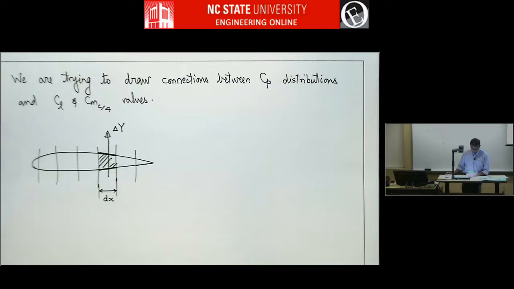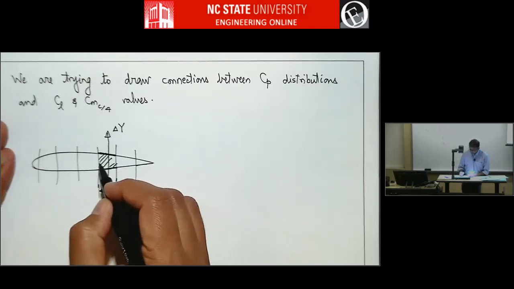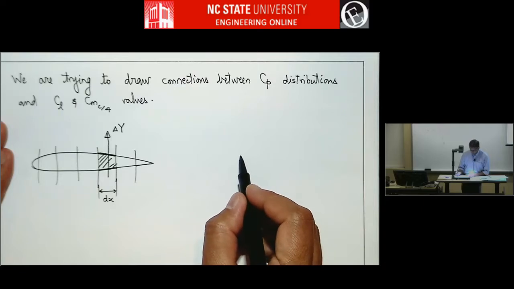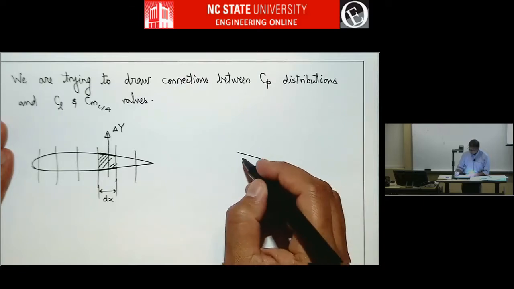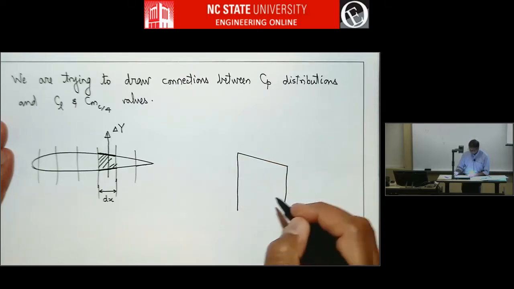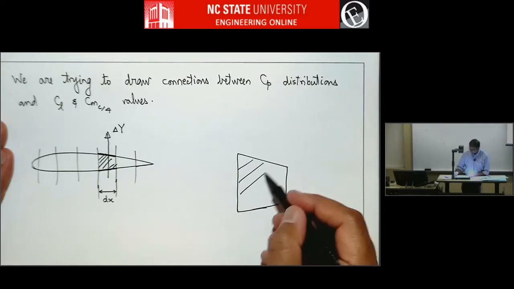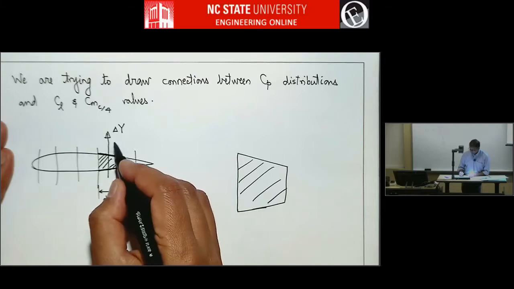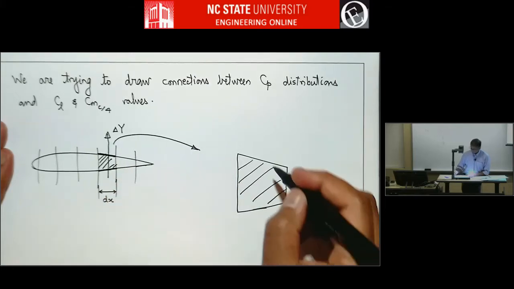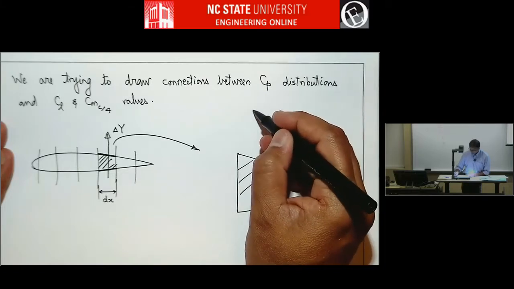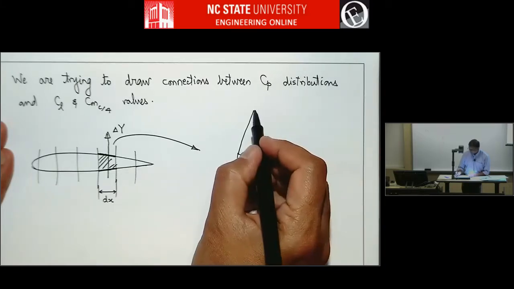So if you take this and zoom in and just take this out for more detailed examination, you have this panel here and maybe this panel here, right? So this is that portion of the airfoil, and we have some mean pressure which we will call PMU, and we'll draw it in the positive sense.